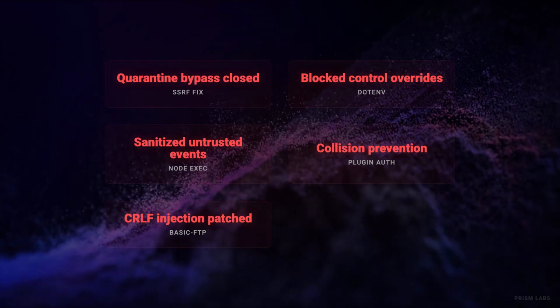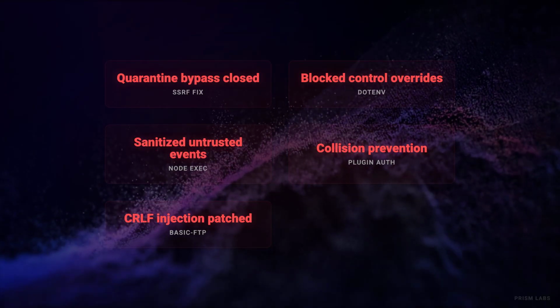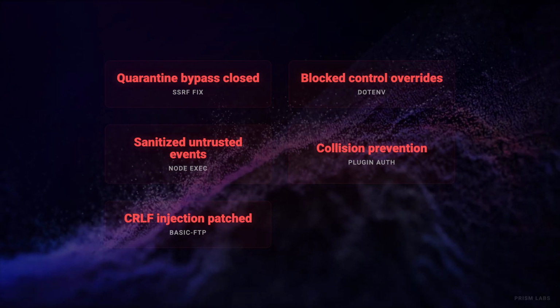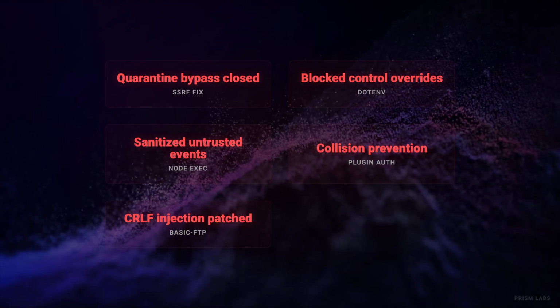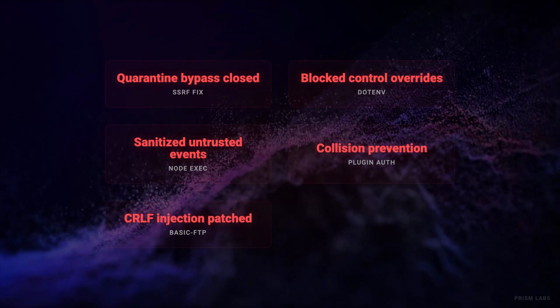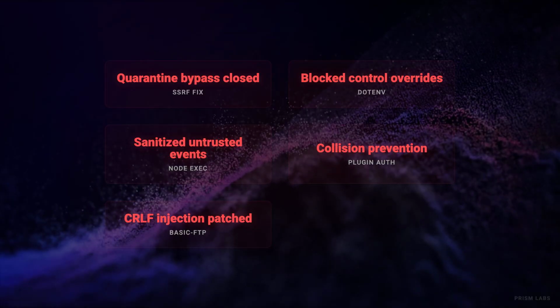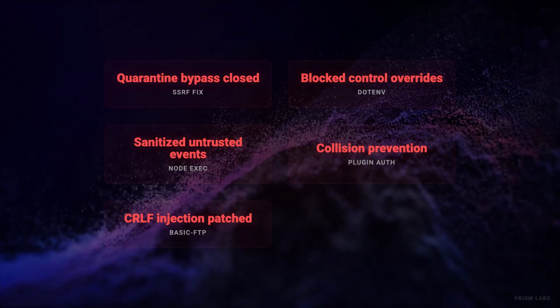Runtime control and browser control override environment variables are now blocked from untrusted workspace .env files, and unsafe URL-style browser control override specifiers are rejected before lazy loading. Third, node execution event sanitization.